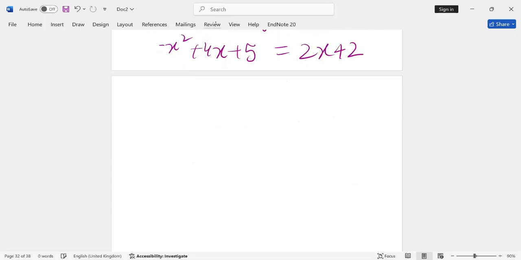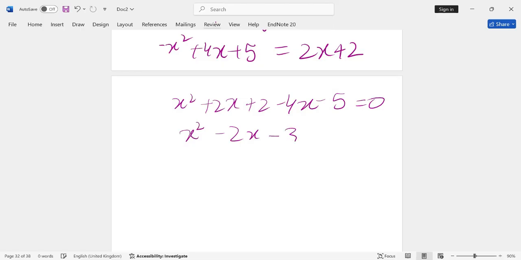Now we have to take all the values on one side. We have x squared plus 2x plus 2 minus 4x minus 5 equals 0. So we have x squared minus 2x minus 3 equals 0.